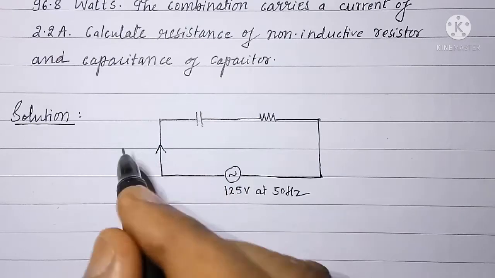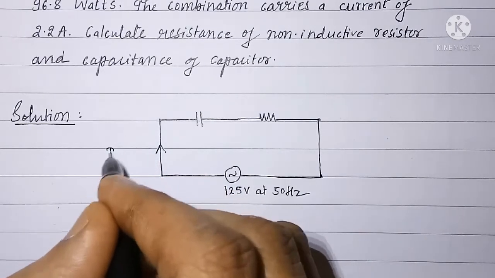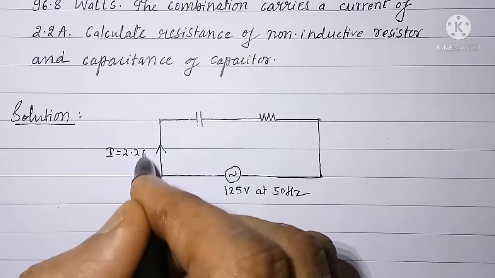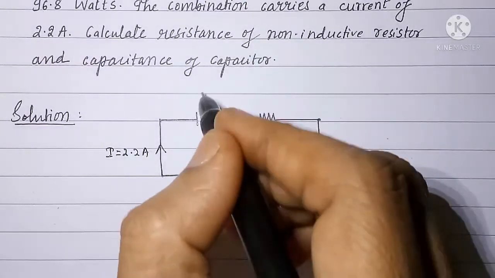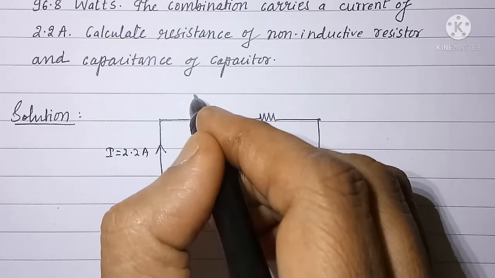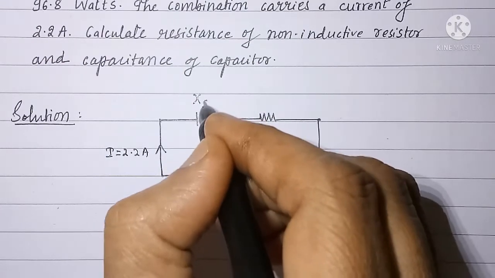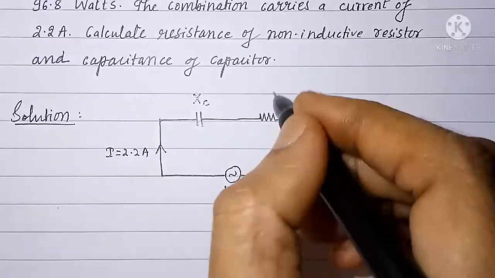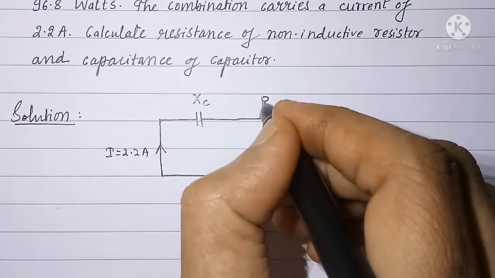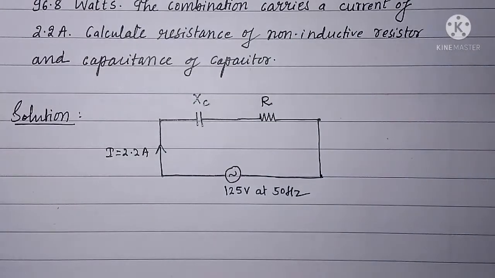And the supply current is found to be 2.2 amperes. Let us say Xc is capacitive reactance and R is resistance of non-inductive resistor.